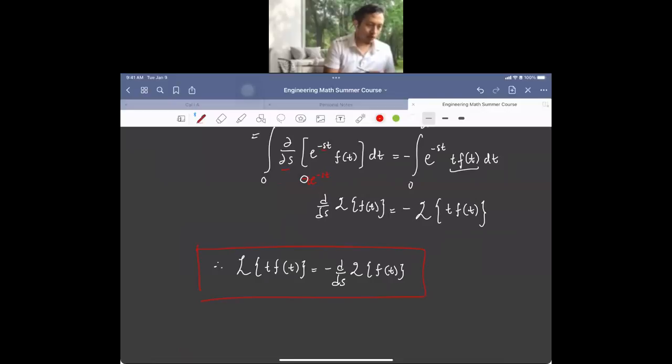So from this, we can write similarly if we have t squared f of t.